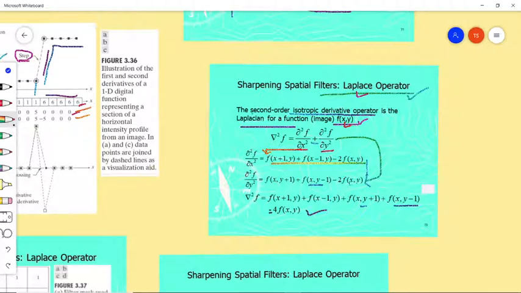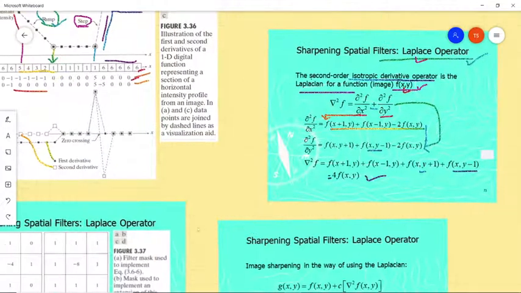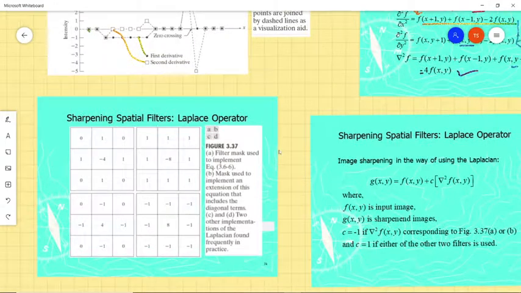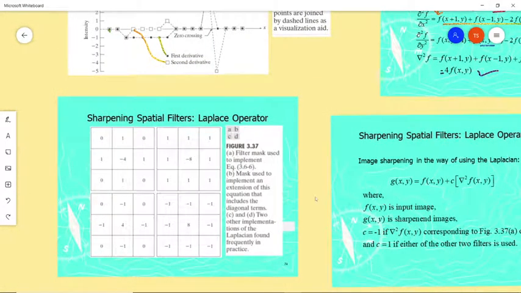This is the expression by combining these two. This is the Laplace operator formula for sharpening with the spatial filter of the image.